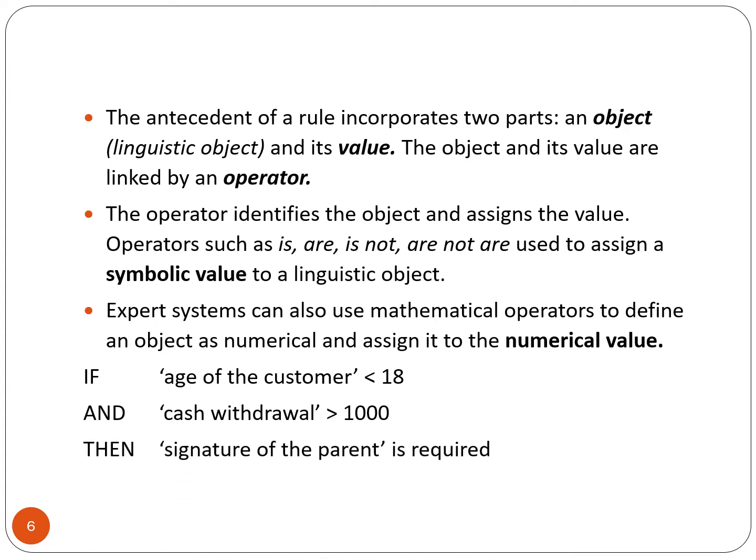And this is the consequent part. After then, a signature of a parent is required. So if you look in this example of a rule base, if the customer is less than 18, and if the customer wants to withdraw greater than 1,000, then it requires a signature of a parent.